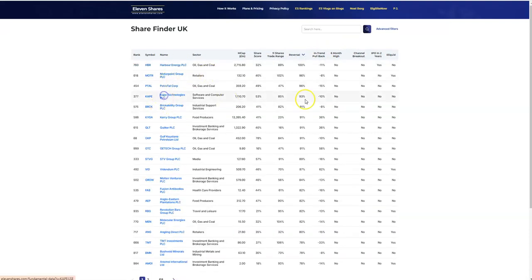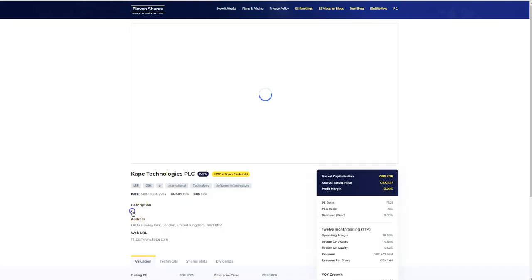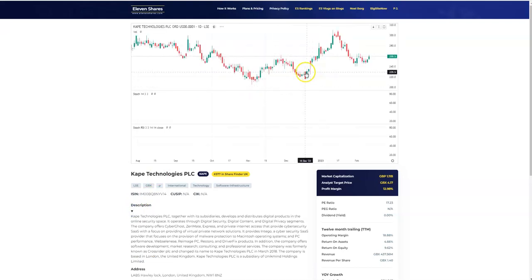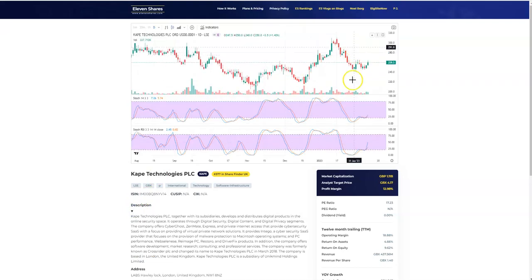You will see we already have a stochastic indicator on there for you. So if you want to make a quick decision when you're filtering through shares, whether it's a good opportunity to buy, especially in investing where you're not necessarily doing lots of technical analysis, the stochastic indicator is still a really good tool here.